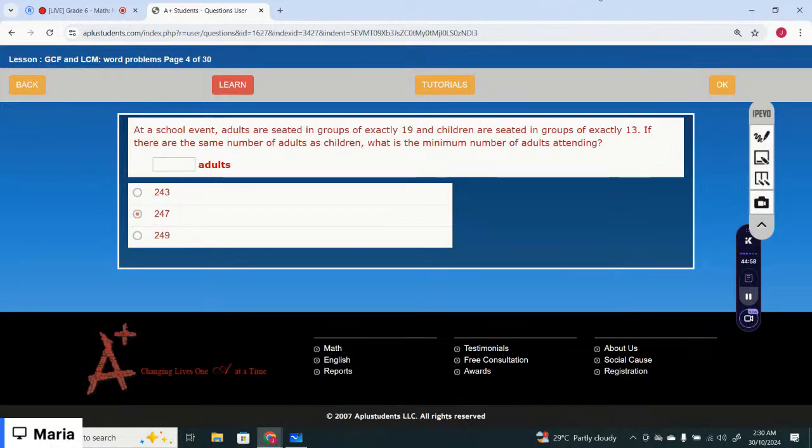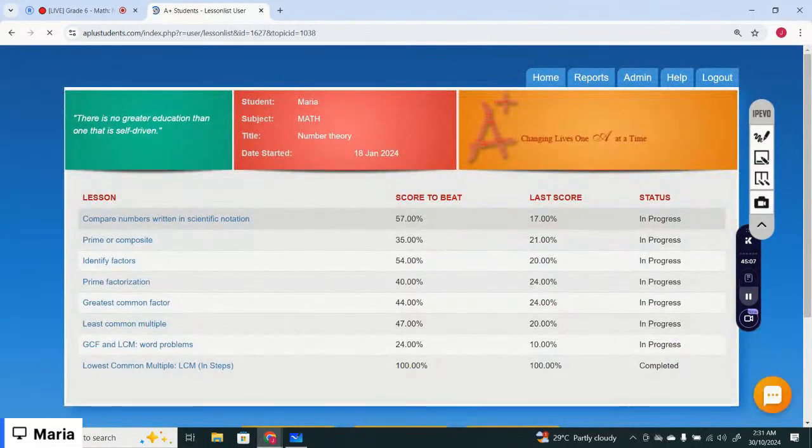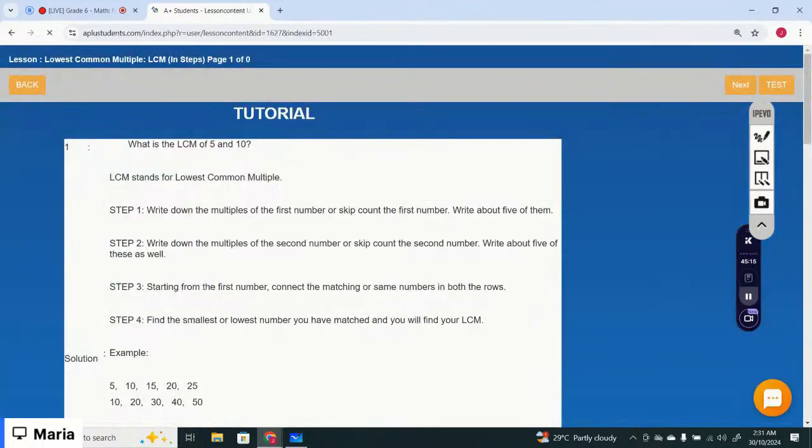Okay, you can complete the lesson by yourself later today. Let me just move on to the next lesson. The next lesson is least common multiples, LCM, in steps. So let's just start with the lesson.